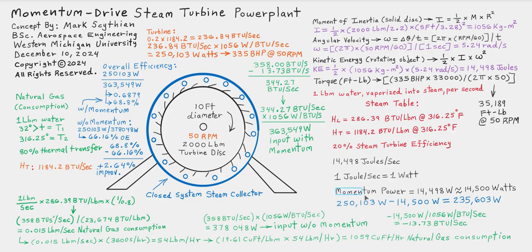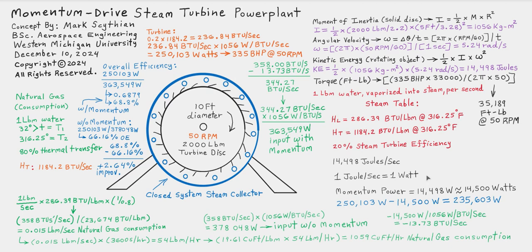So the type of momentum power we have, we know that energy is conserved, and we can't just hook something up to a heavy rotor, but we're talking about what energy we do not have to put into the large turbine disc after it is set into motion and has reached a constant RPM. There's no angular acceleration.